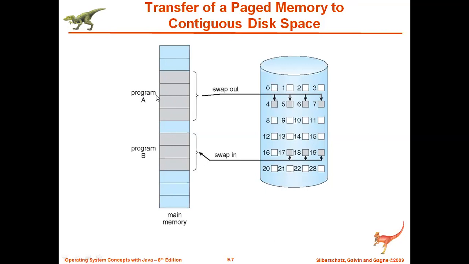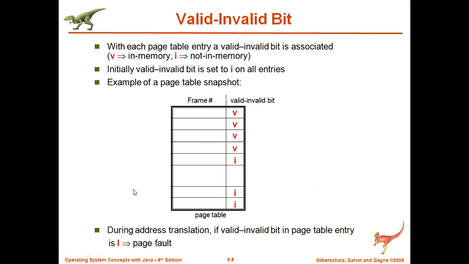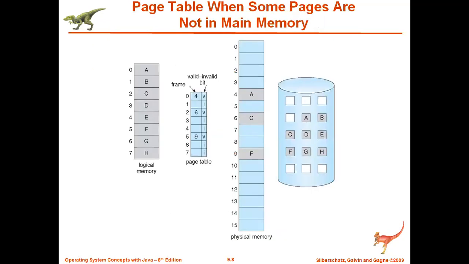But as of now, understand that program A is not being used recently, so I will send it out. Then in its place, I'll bring in whatever the CPU is requesting. So this is called making free space in the main memory, by sending somebody out and bringing somebody in. Let's go back to demand paging once again.